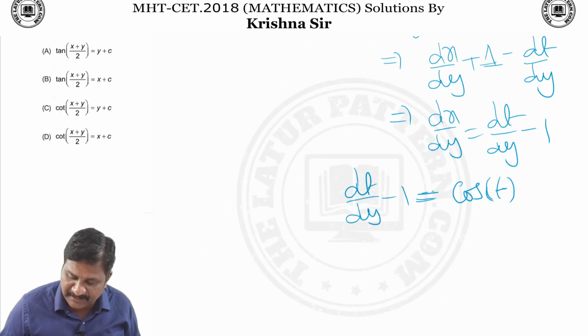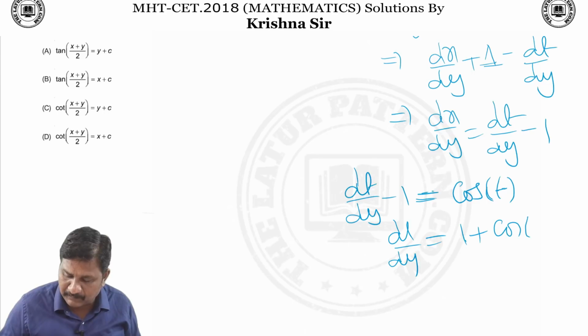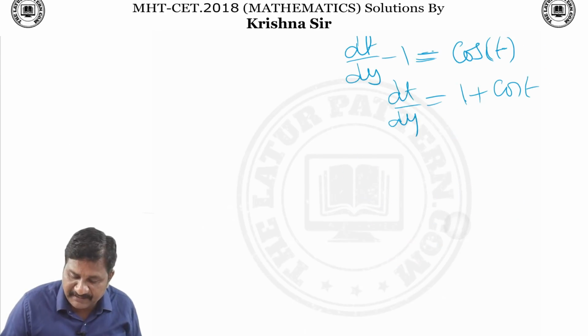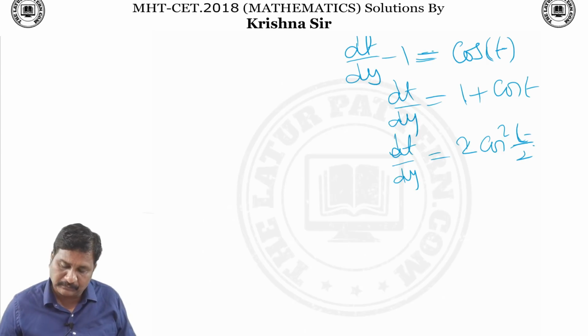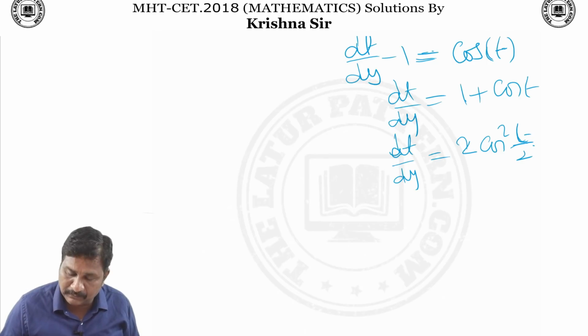Now dt by dy is equal to 1 plus cos t. dt by dy is equal to 1 plus cos t, can be taken as 2 cos square t by 2. So dt by cos square t by 2, you take this side, which is equal to 2 dy.